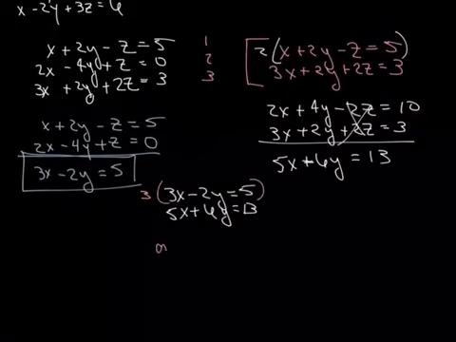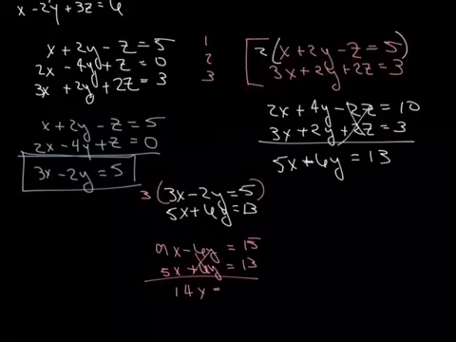So my top equation becomes this, and my bottom stays the same. Those go away, and I get 14y equals 7, so y equals 1/2.